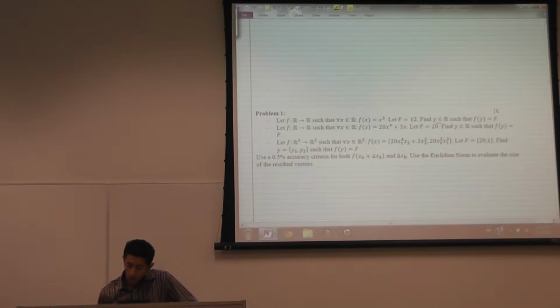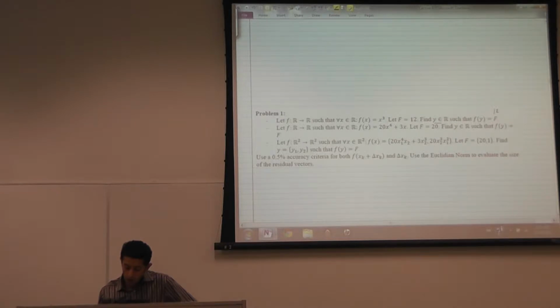Another example, I want x such that 20 is equal to 20x power 4 plus 3x. Now both of these two are just 1 degree, or f is from R to R, but you can do this for any dimensions. So f from R2 to R2, I have an example such that for every x, the function is a nonlinear function.